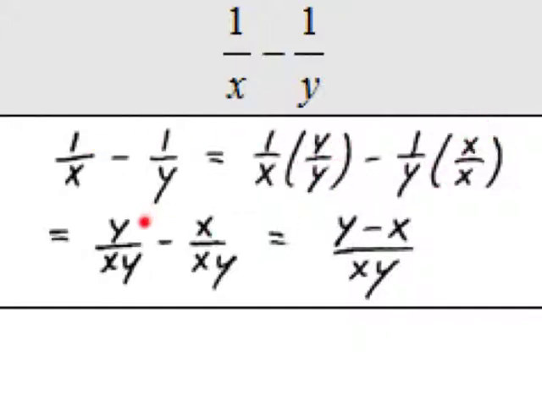And I get y, or 1y, over xy. Here, I'm going to need to multiply by x. So I would get x over xy. Now, when I subtract those two, I'm just going to combine this right here and get y minus x in the numerator over xy.